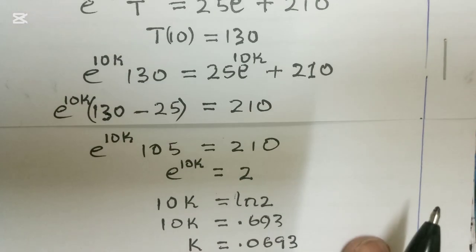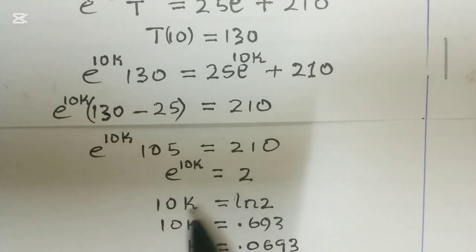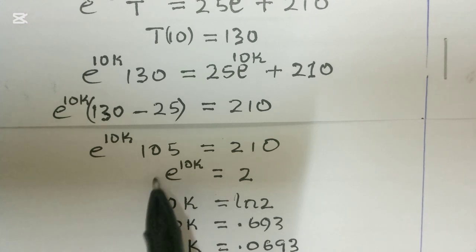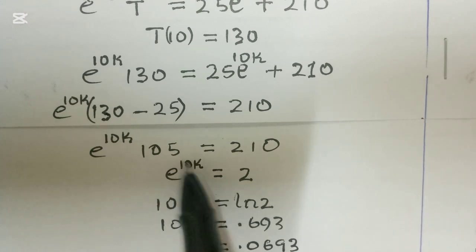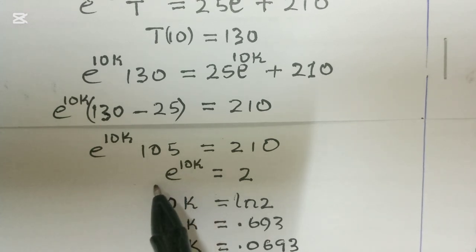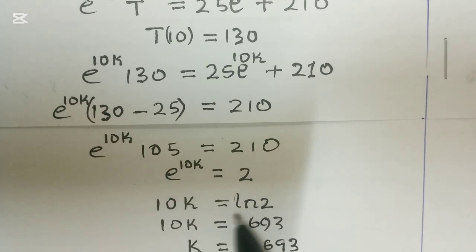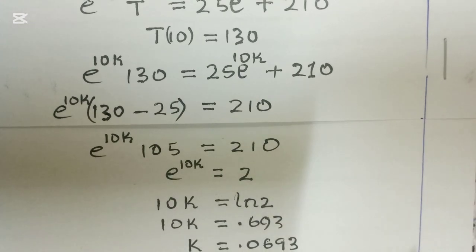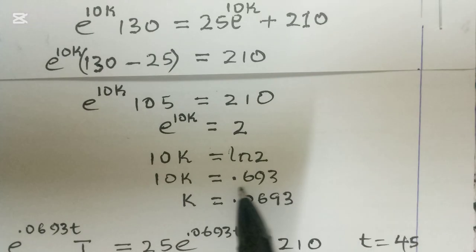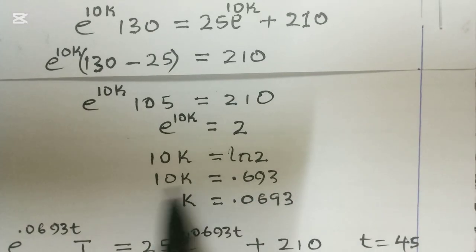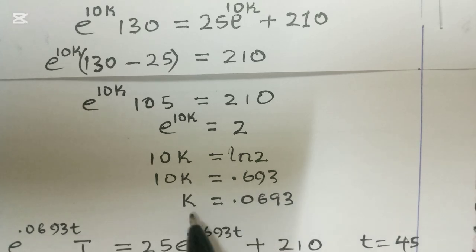Then we apply natural log. You apply natural log here and bring 10k here; the natural log cancels with e. So we are left with 10k equals the natural log of 2. The ln of 2 is 0.693, and here we have 10k. If I divide by 10 on both sides, I get this value.